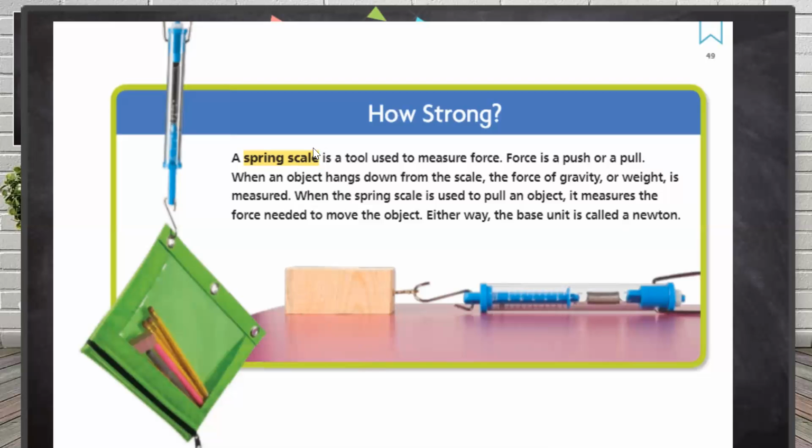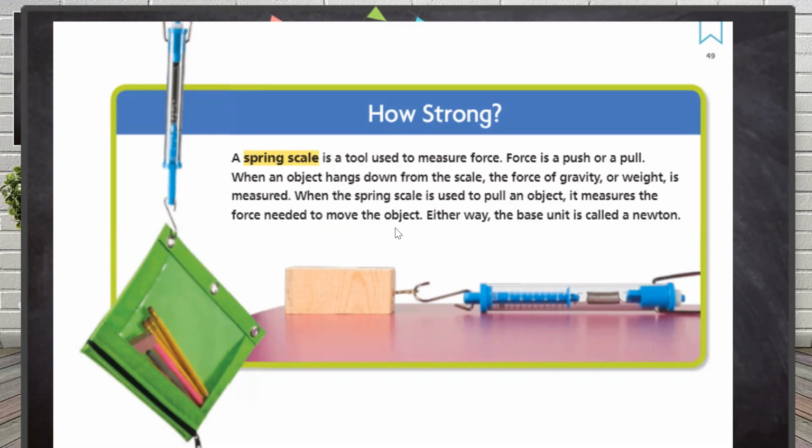So a spring scale is a tool used to measure force. Do you know the unit of measuring force? Do you remember the unit? It's something related to gravity. It's the Newton.